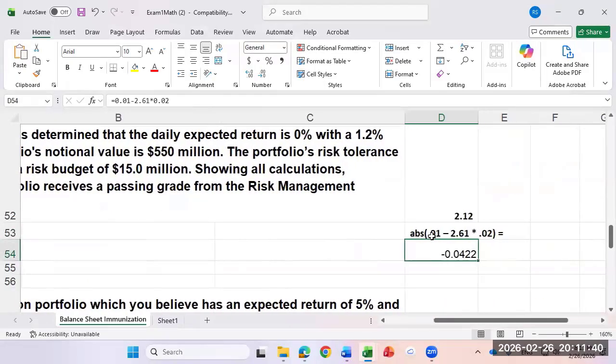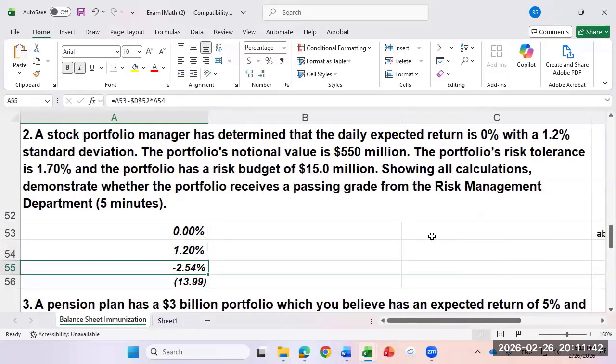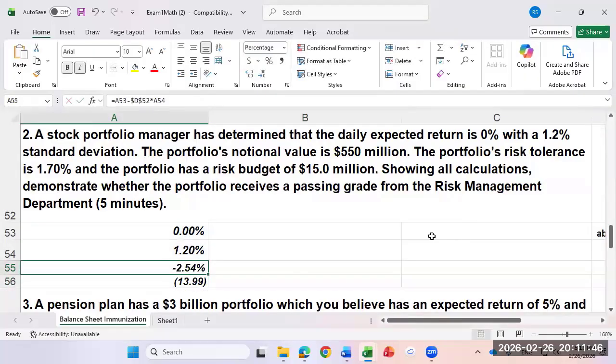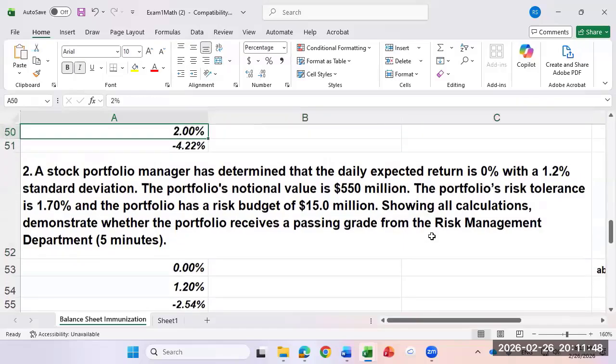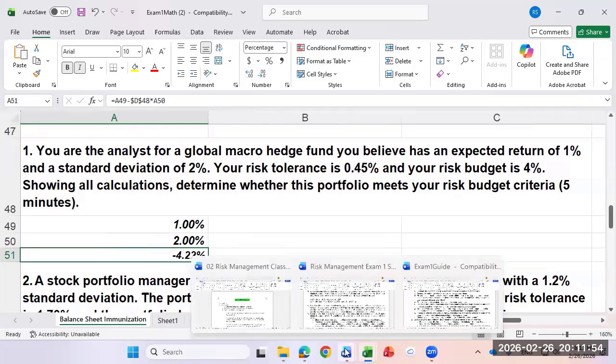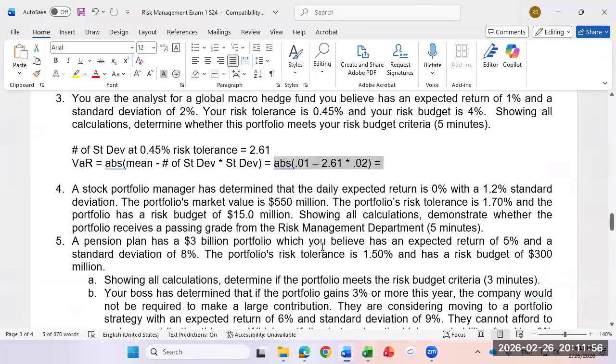Nope, you don't get 4.22%. Oh, I'm in the wrong problem. Okay, 4.22%. Anybody can confirm that? Yeah. Okay, good.